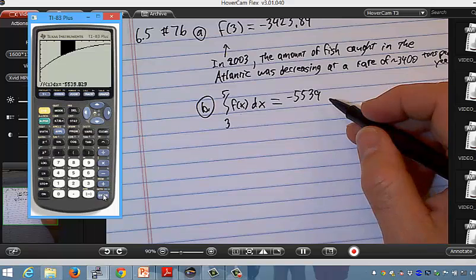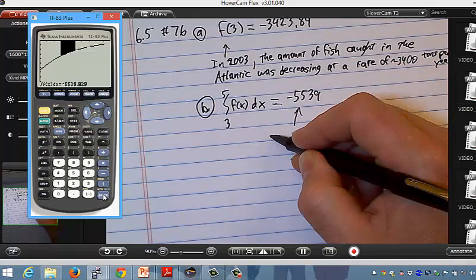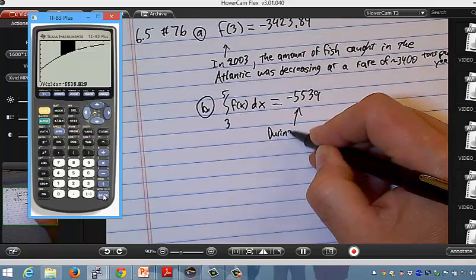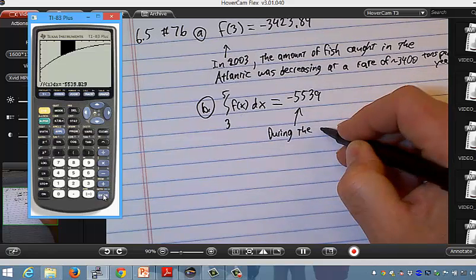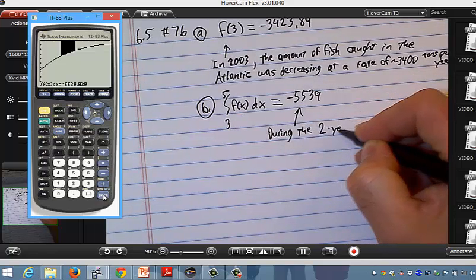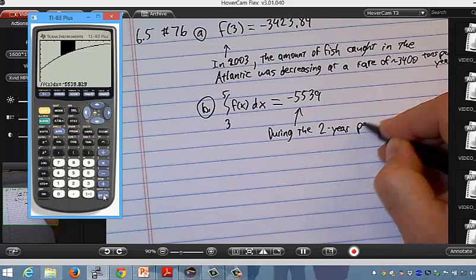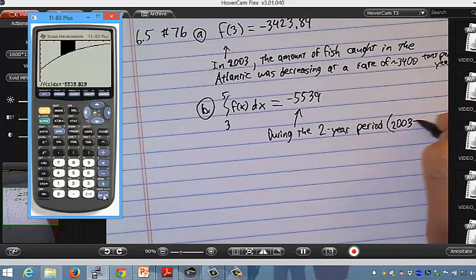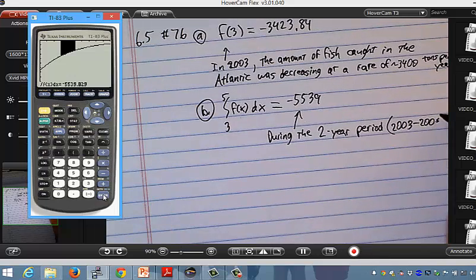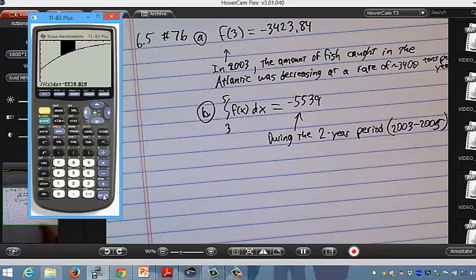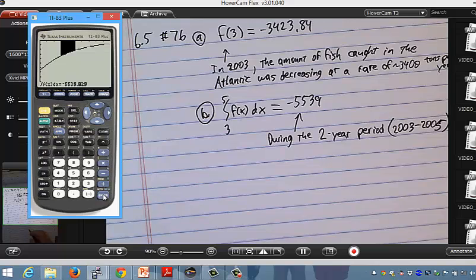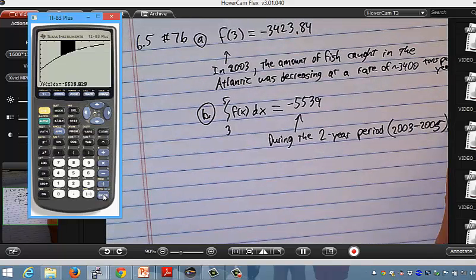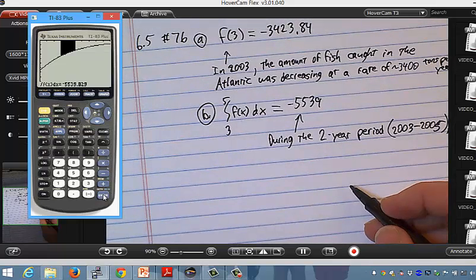And what does that mean? Well, during the 2-year period, 2003 to 2005, what do I say here?